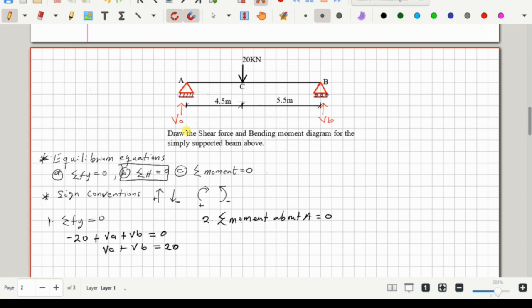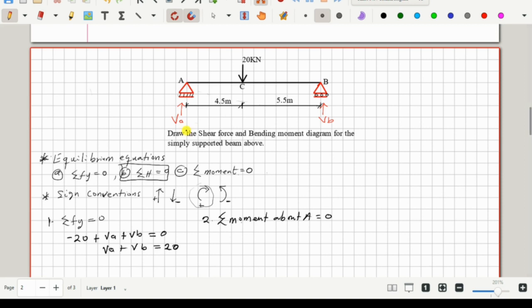So we'll have this VB having an anti-clockwise moment about A, and then the 20 kilonewton point load having a clockwise moment about A. So let's just consider the point load first. Now, if we fix A and we release the moment here, we'll realize this 20 kilonewton force is pushing this beam downward. So this beam will be moving this way. So this is a clockwise moment, right?